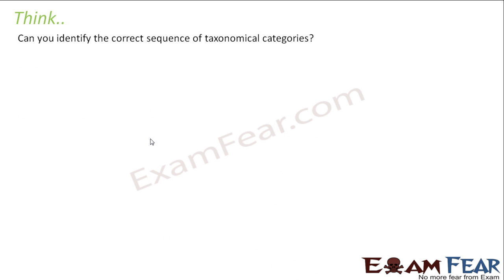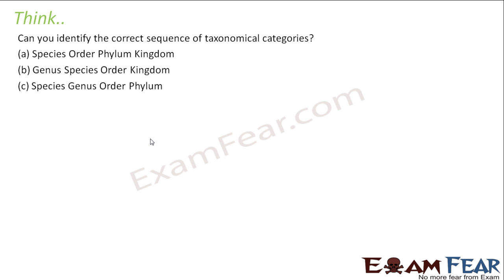Right? The next one. Can you identify the correct sequence of taxonomical categories? Species, order, phylum, kingdom; genus, species, order, kingdom; or species, genus, order, phylum. Which one is the correct one? That is needless to say because we have spoken about it a lot of times. Kingdom is the highest one.